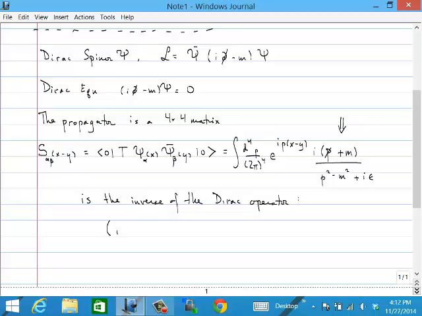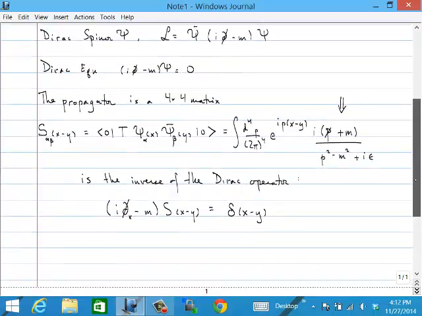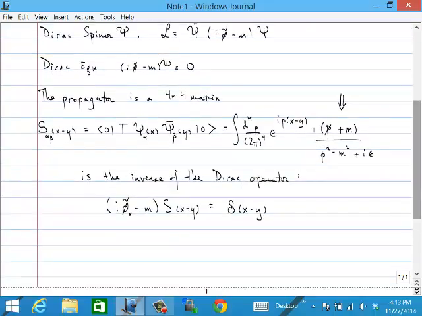For example, if you acted with the Dirac operator on S, which is a function of both x and y, taking just x derivatives, then what you'll get is a four-dimensional delta function that sets x equal to y. That's the usual formula for a Green's function, but now it's a matrix Green's function: both a 4x4 matrix and a function of x and y. So it's a 4x4 matrix worth of Green's functions.